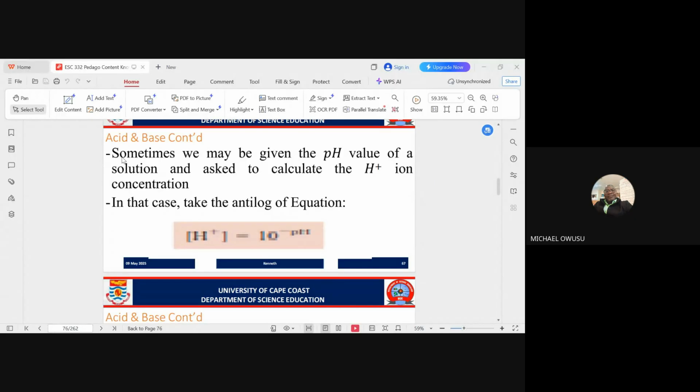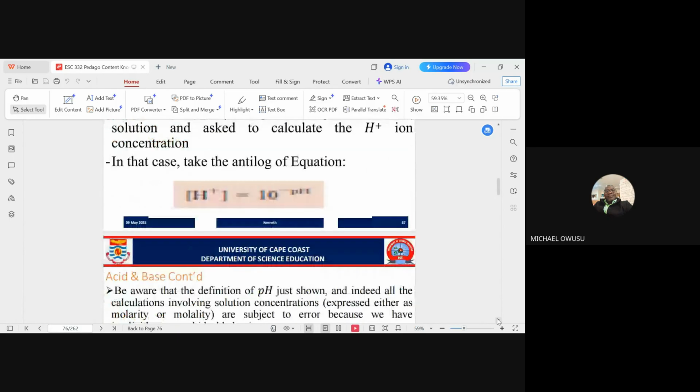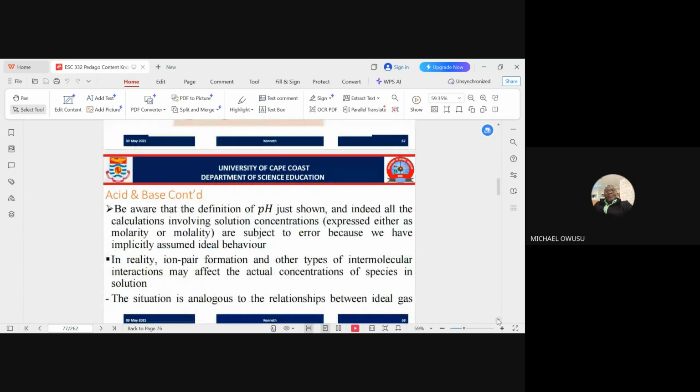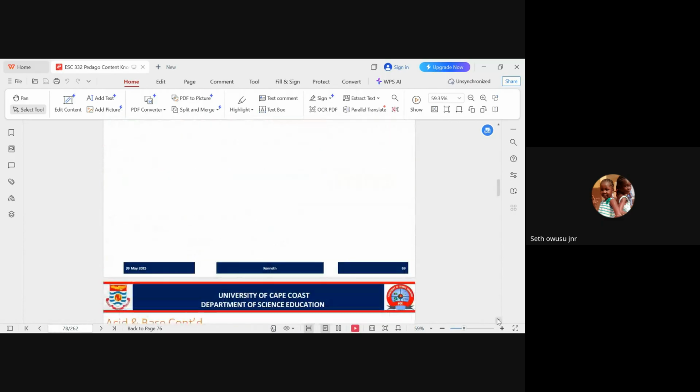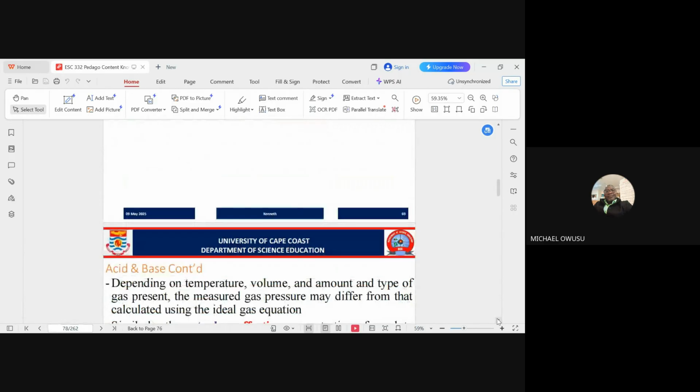Doc, please, the figure again. The pH of a solution is 2.87. Thank you very much.